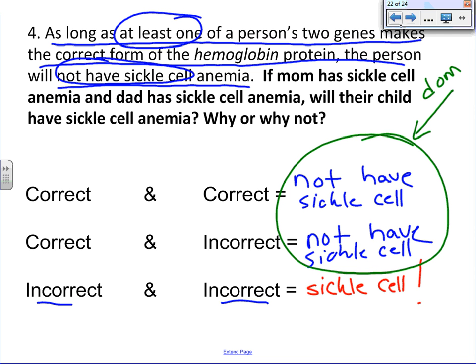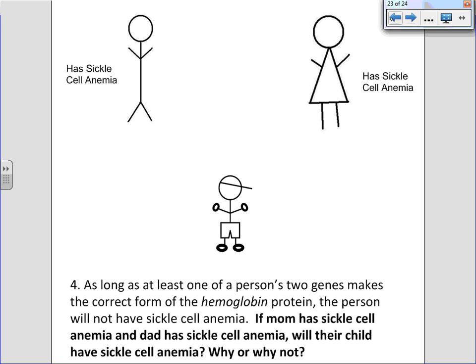Since we learned here that having sickle cell anemia is the recessive form, the only way to get the recessive form is to have two recessive traits, meaning that both of dad's genes must be mutated, and both of mom's genes must be mutated. Now, the sad thing for Marco here is that since both of dad's genes are mutated, the only thing he can give Marco is a mutated gene, and so can mom.